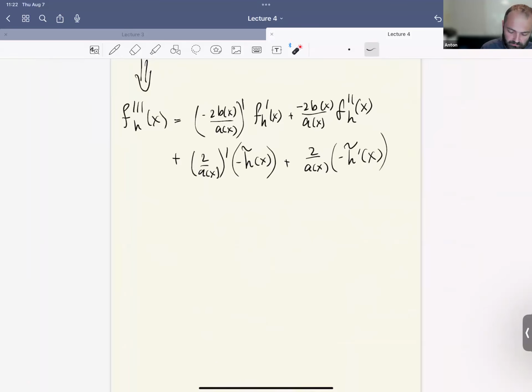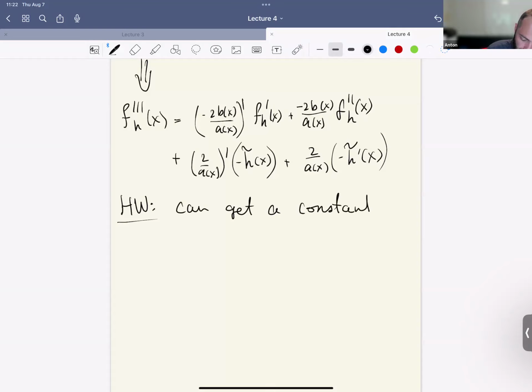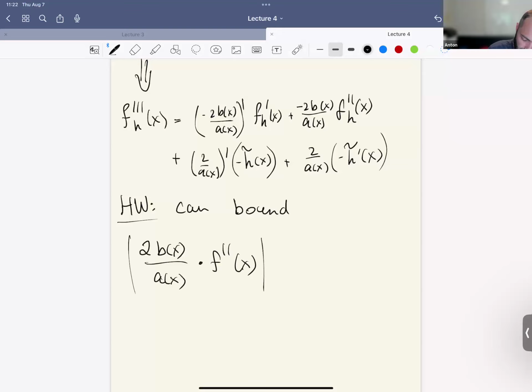Okay, so let me write this down formally. Let's say homework: can bound b of x over a of x times f double prime of x by a constant.